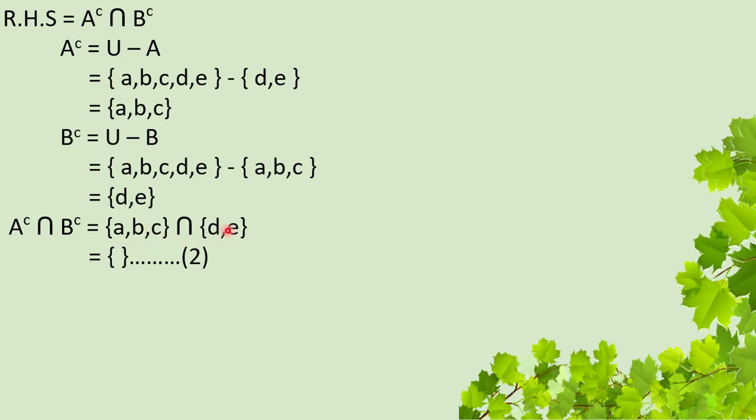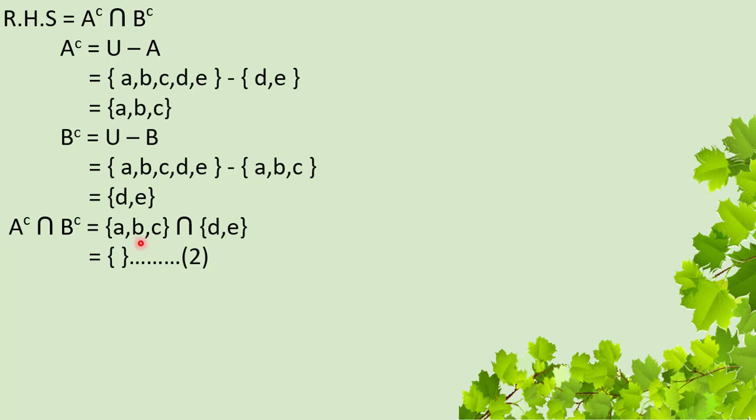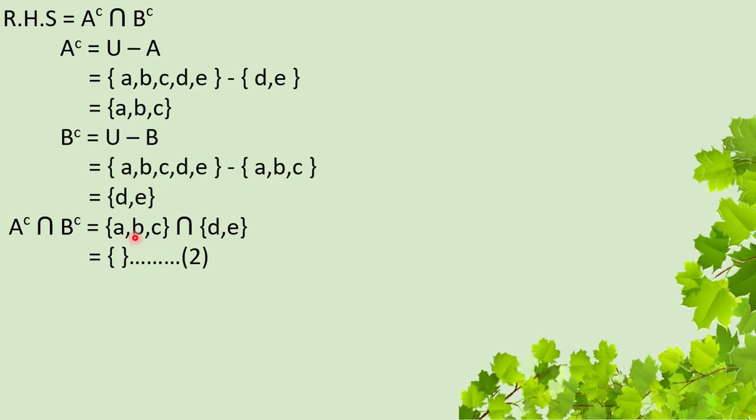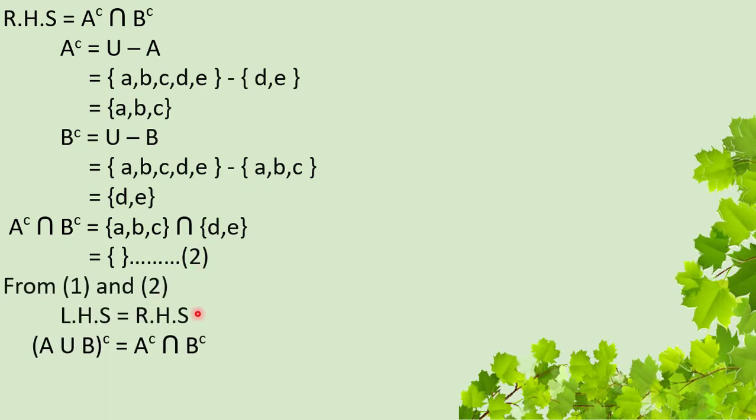So here there is no element that is present in both sets. So again we'll get an empty set and named it as 2. Now from 1 and 2 you may observe that left hand side is equal to right hand side, and hence verified.